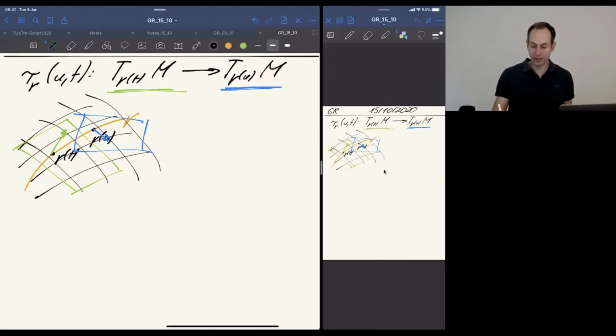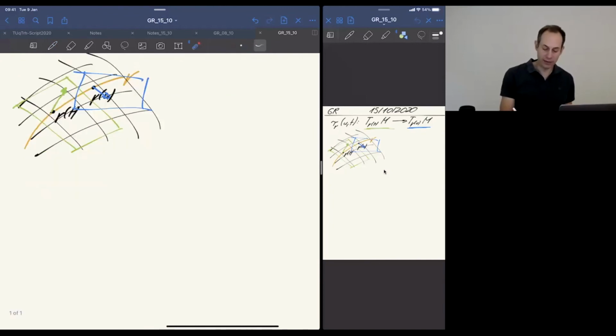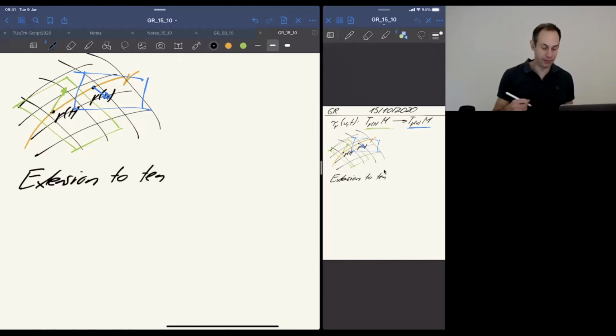So this definition is really for vectors, for vector fields, because these are the spaces in which vectors live, but we can easily extend that to tensors. And for that, we just apply some general rules. The rules allow you to say how an arbitrary tensor is mapped under this connection mapping if you already know how a vector is mapped.